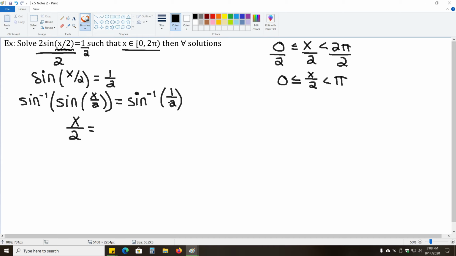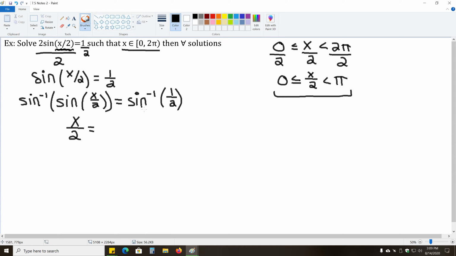We want to find all the values where this can be possible. So all the angles that plugged into sine give us 1/2, but they also have to be between 0 and pi, because remember, we are solving for x over 2 here. Not just x, but the interval for x over 2.